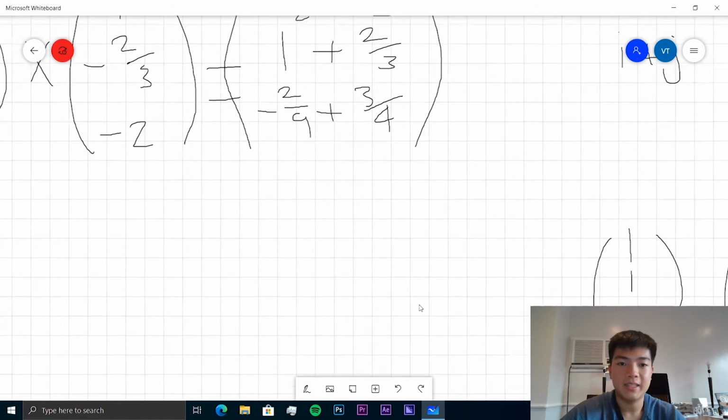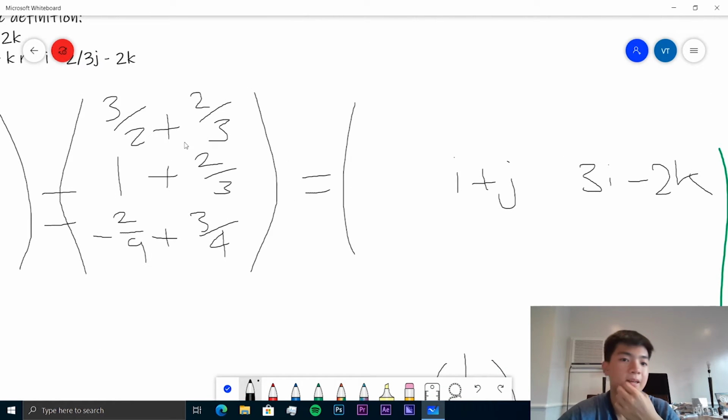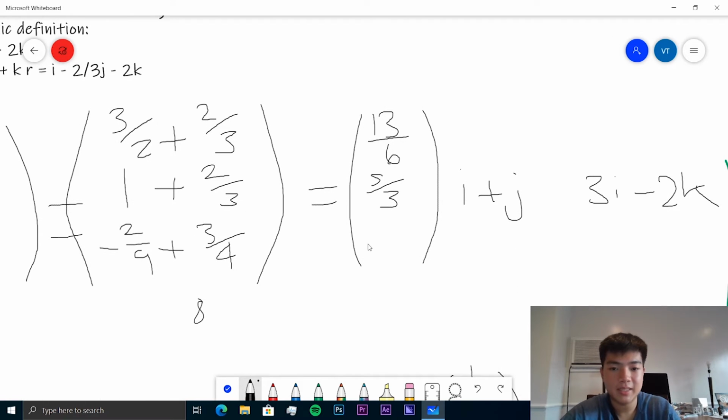So if we add these up, we have 3/2 plus 2/3. This is equal to 9 plus 4 is 13 over 6. 1 plus 2/3, 5/3, and then negative 2/9 plus 3/4 is equal to 19 over 36.